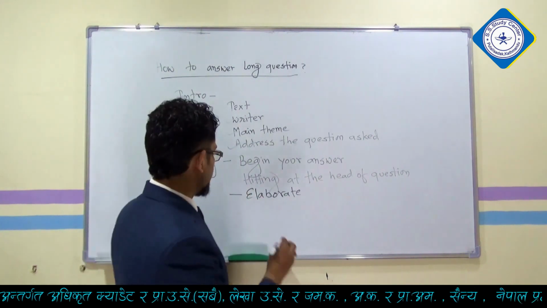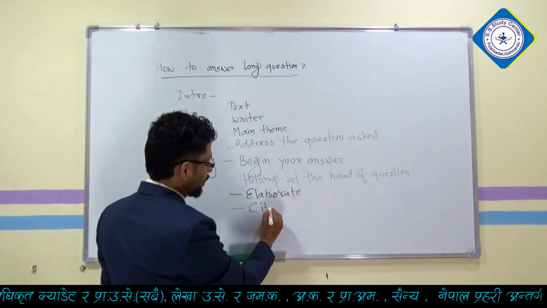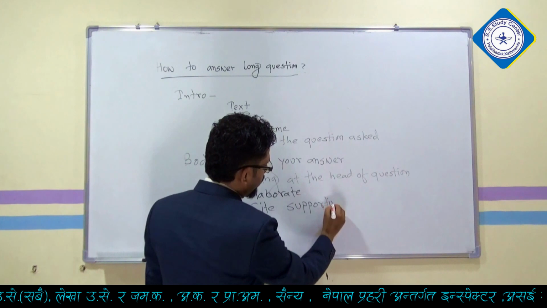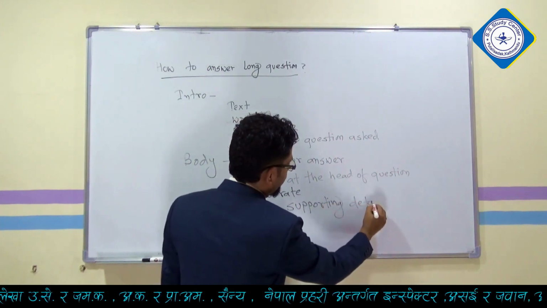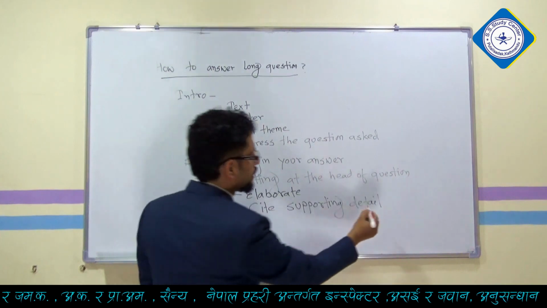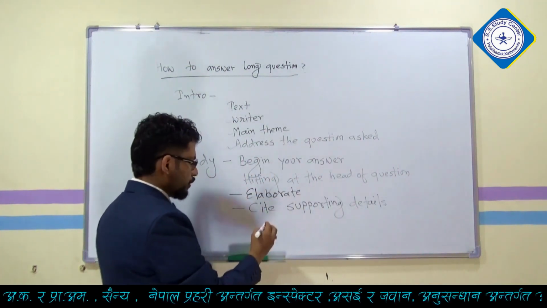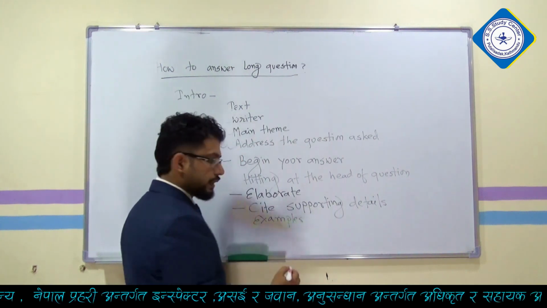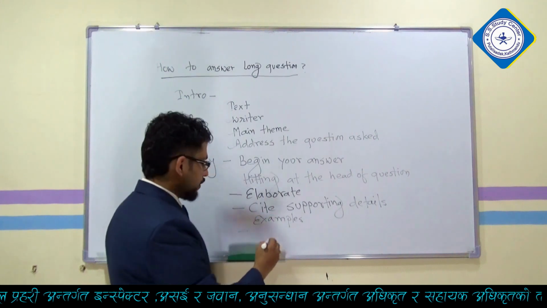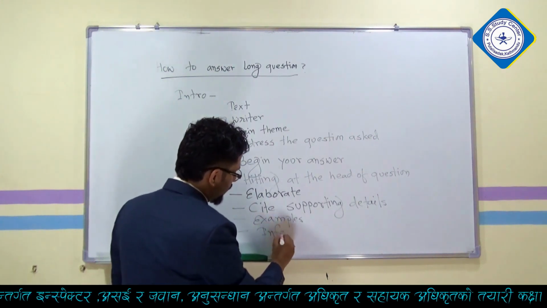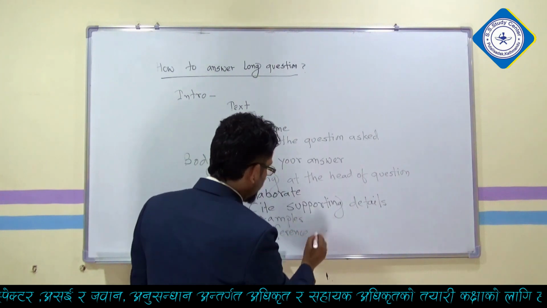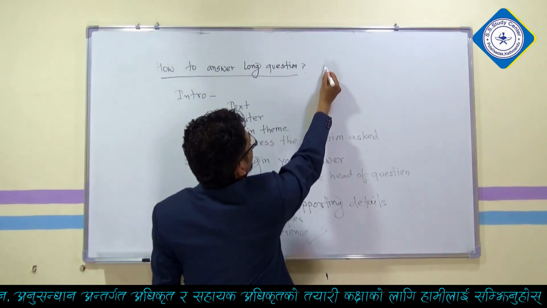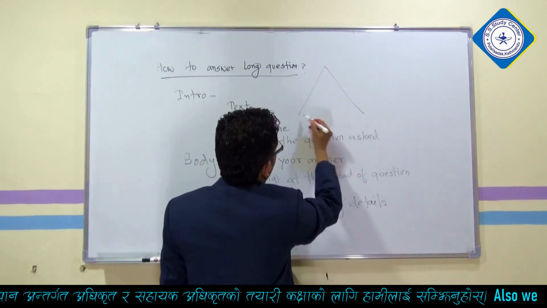While elaborating, you need to cite supporting details. In that case, you can also bring examples from the text. And finally, you can make your inference. That inference means your concluding thoughts. So the body part looks like a pyramid shape.